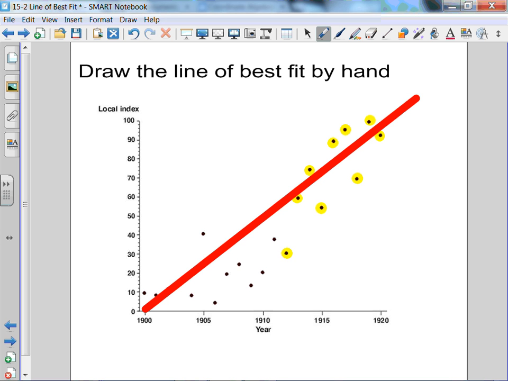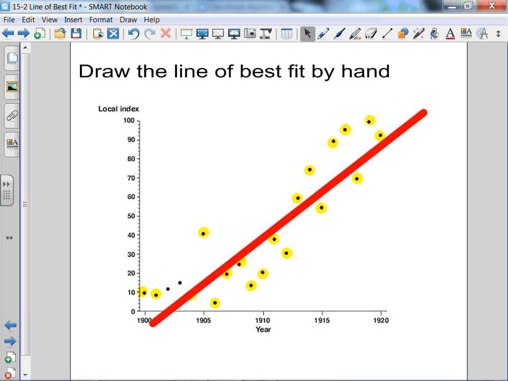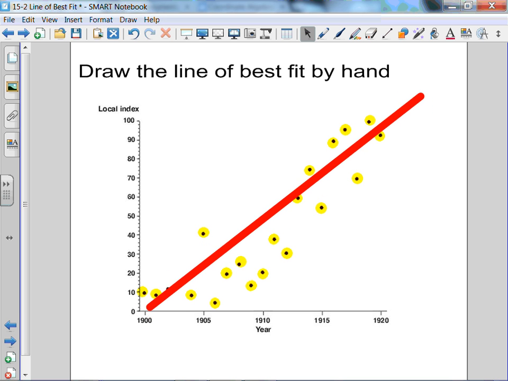Now, obviously, two people might draw two slightly different lines of best fit, but they will always be similar. Let's say, for example, someone drew their red line a little bit lower, or one side of it was tilted up a little differently.